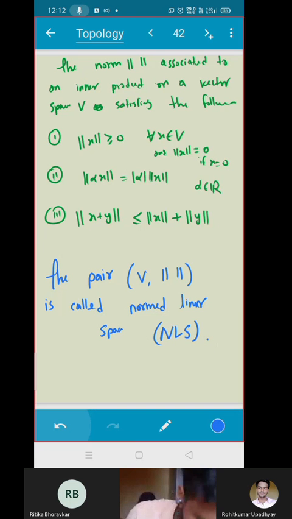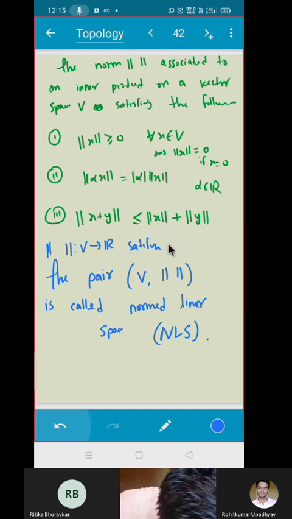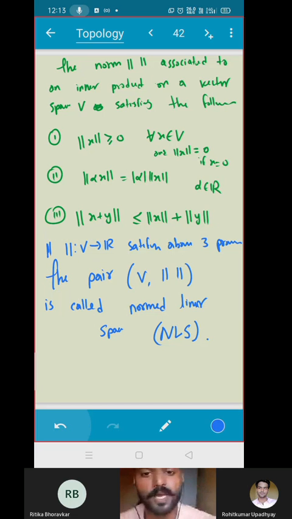We used to write it as NLS. So whenever I use the word NLS, that means normed linear space. And how to define it? If you are having a norm from V to R satisfying the above three properties, then we call the pair as NLS, normed linear space. Is that clear?